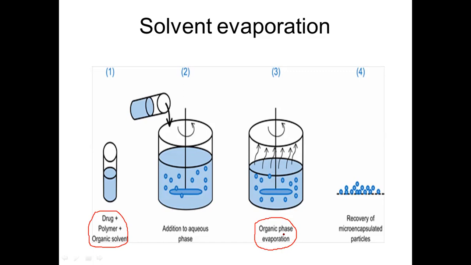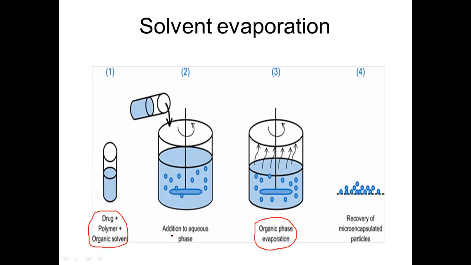Now the resulting solution is added dropwise with continuous stirring to an aqueous solution which has stabilizers, mostly polyvinyl alcohol or polyvinyl pyrrolidone, that can be used as stabilizers. So they can form small polymer droplets which contain the encapsulated material. That is the simplest method.